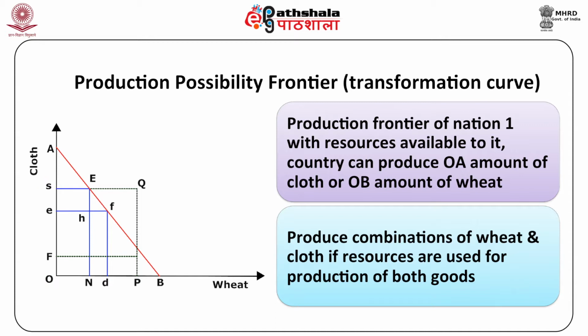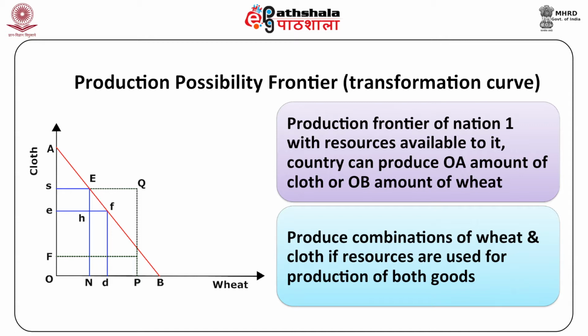If it reduces the output of cloth by EL units, it can increase the output of wheat by H units. Point R represents the combination of ON units of wheat and OF units of cloth. The nation is not fully utilizing its resources. Without decreasing the production of wheat, production of cloth can be increased because unutilized resources are still available.